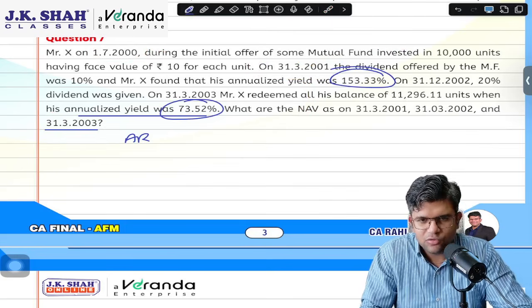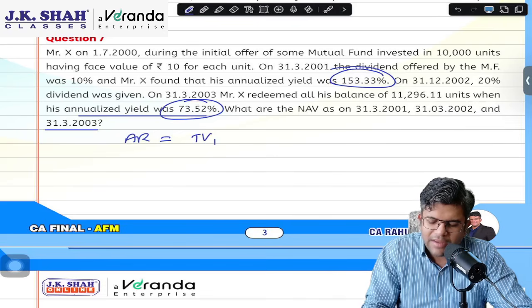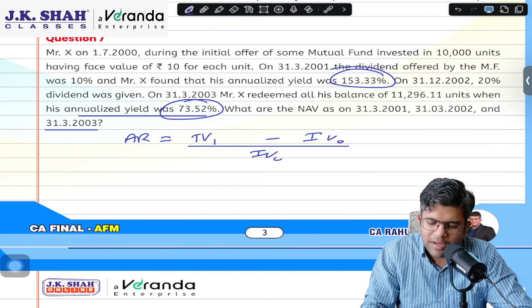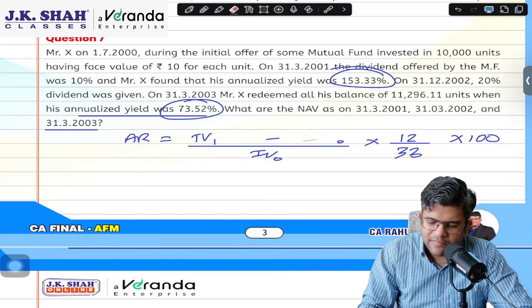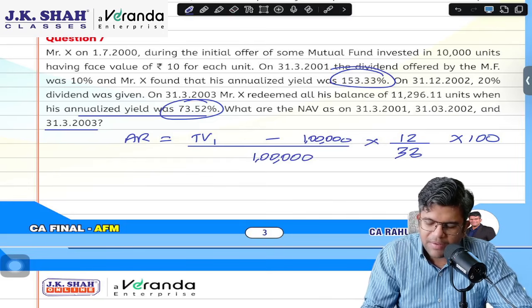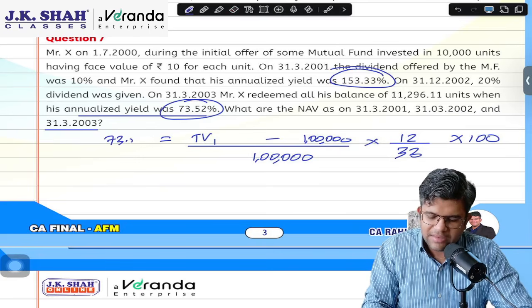Can I say annualized return again given? Similarly, I'll have to use that annualized return formula. AR is equal to total value at the end minus investment value, the whole upon investment value, into, as you know, 12/33 into 100. Give me a Y. Understood the equation? Okay, you invested initially 1 lakh in the fund, and the fund is saying over a period of 33 months, the 12-month annualized return is 73.52.